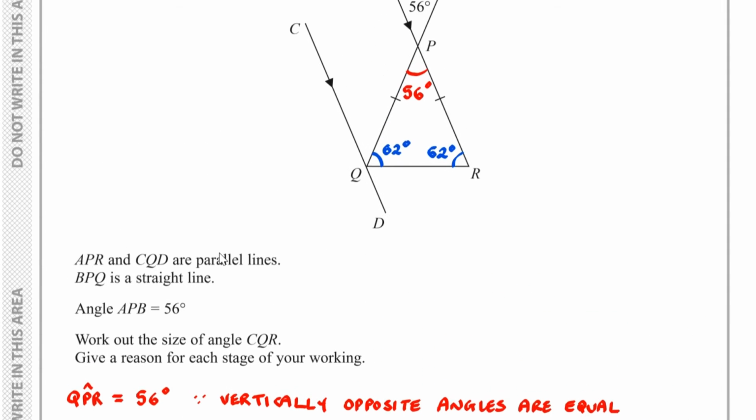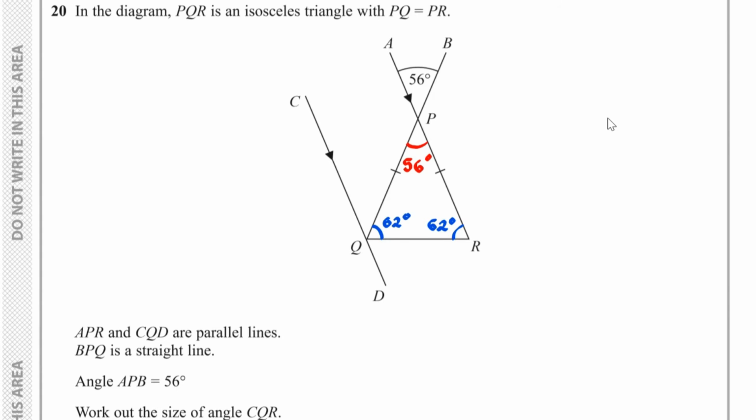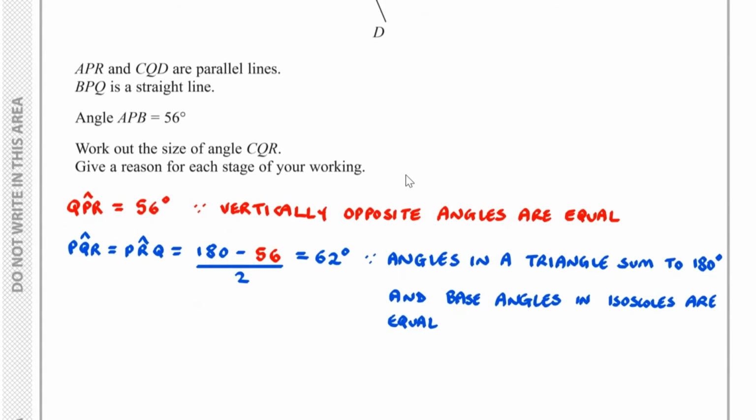Now we need to find the angle CQR. Now for me to find out what CQR is, I need to find out what this angle here is. And for me to find out what that angle is, because I've got parallel lines, I can also find out what this angle here is. Now I've got a straight line, so I can find the angle APQ.